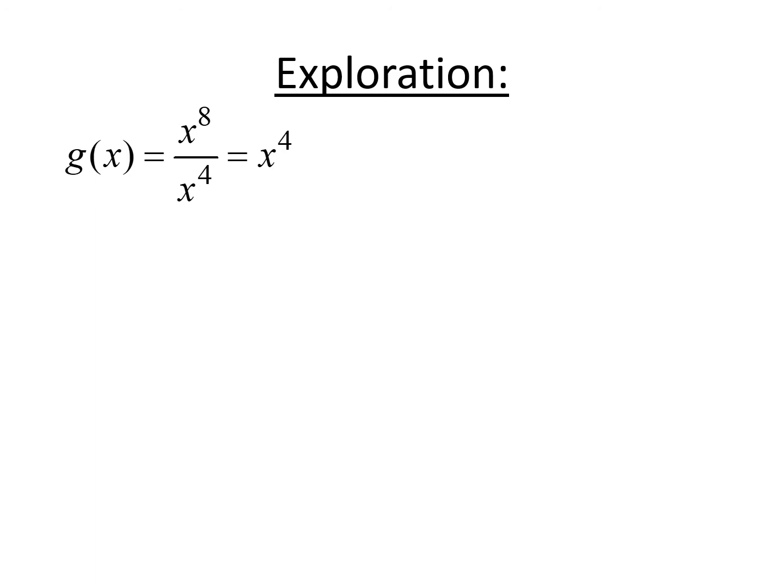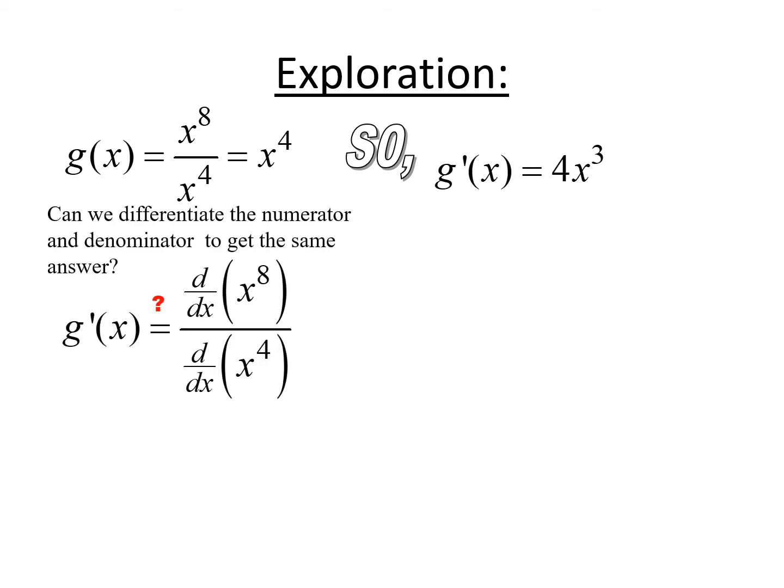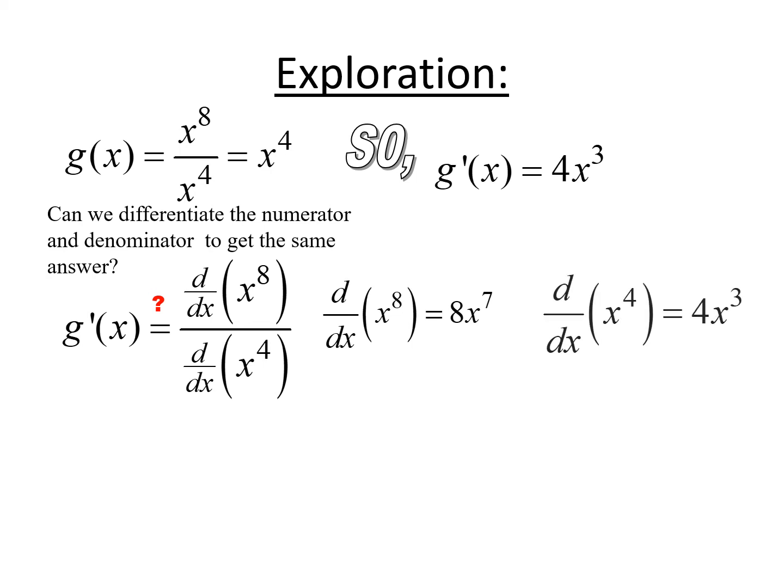So x to the 8th divided by x to the 4th does reduce down with power rules to x to the 4th. We know that that derivative is 4x to the 3rd. So if we were to try to differentiate the numerator and denominator separately, would we get 4x to the 3rd as the same derivative? Let's try that out. The derivative of x to the 8th is 8x to the 7th, and the derivative of x to the 4th is 4x to the 3rd.